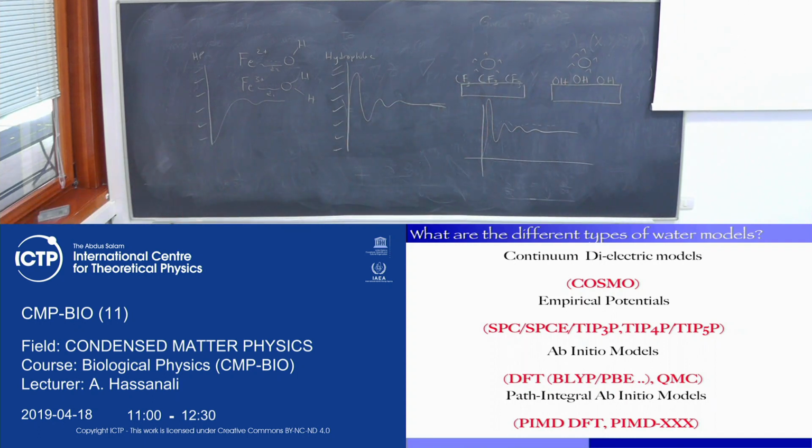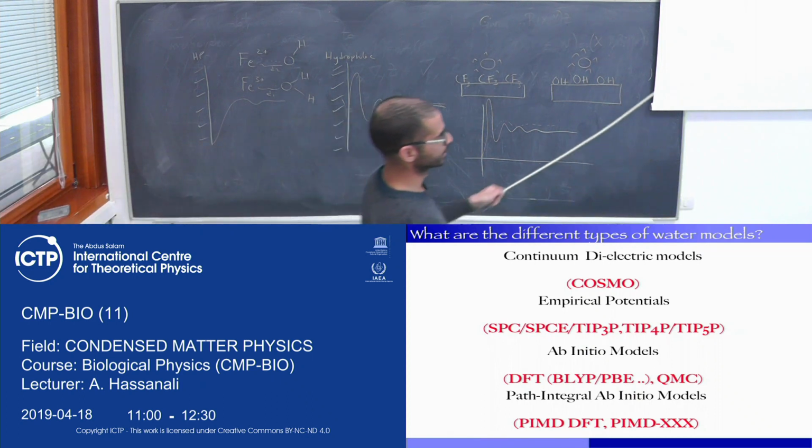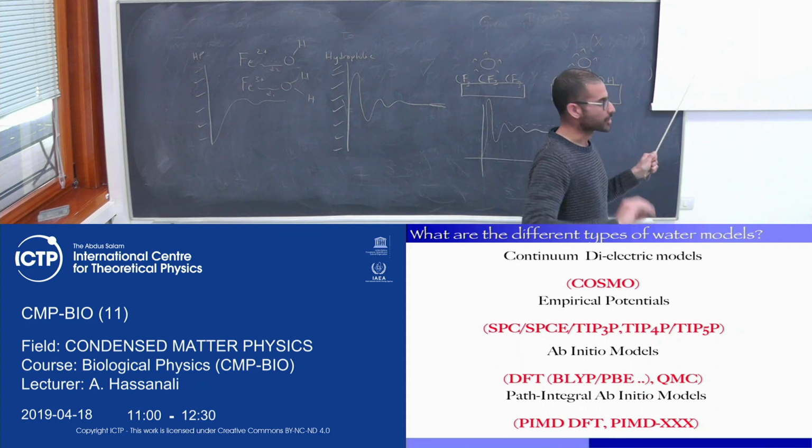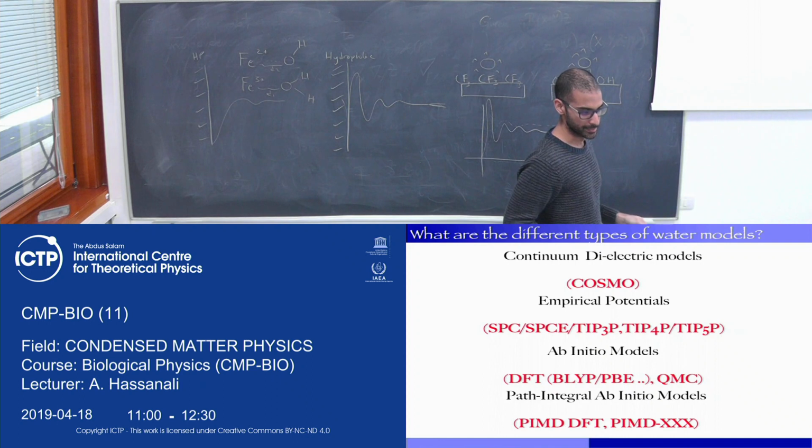You treat the electrons quantum mechanically, and you also treat the nuclei quantum mechanically. Now you know that the thermal de Broglie wavelength of the proton is significant. So for a liquid like water, you have to worry about not only the quantum side of the electrons, but also the quantum side of the nuclei.